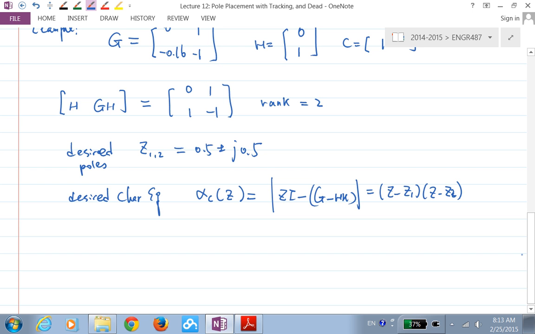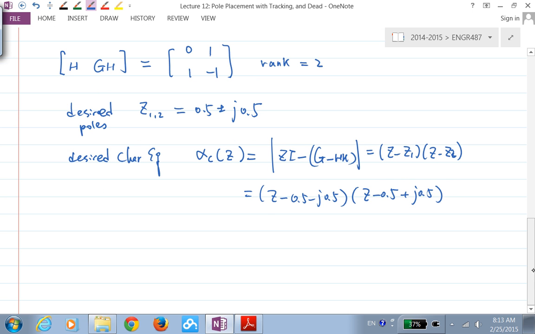Plugging in z1 is 0.5 plus j 0.5, and z2 is 0.5 minus j 0.5, that's the polynomial. Multiply this and expand it out, and you'll get z squared minus z plus 0.5. So this is your desired polynomial.